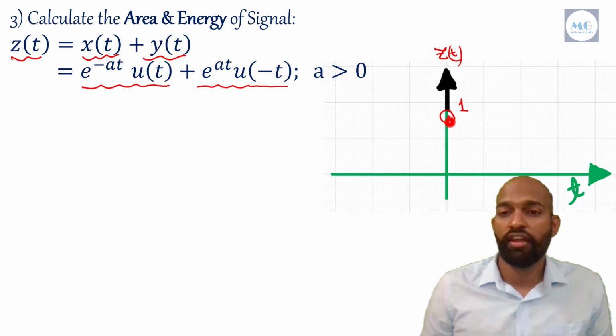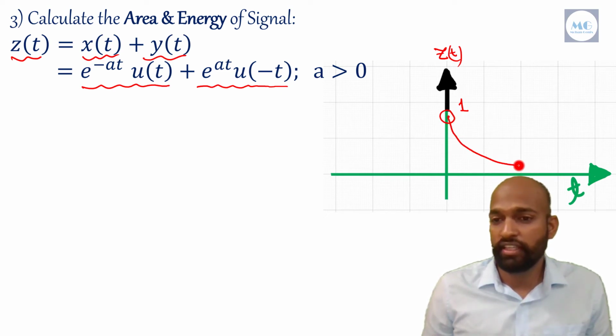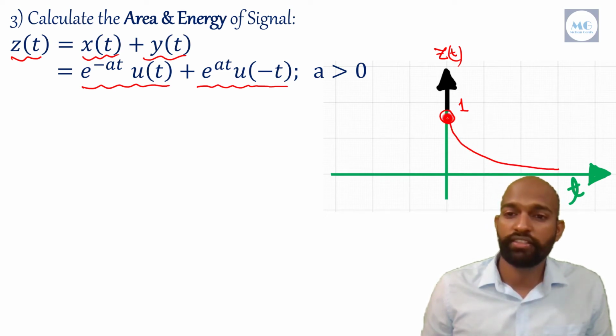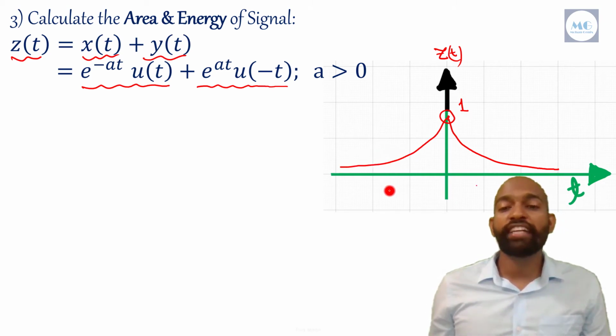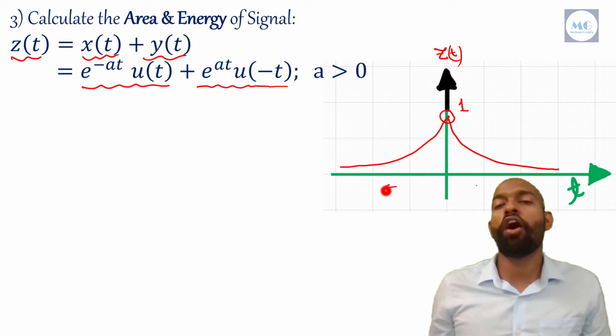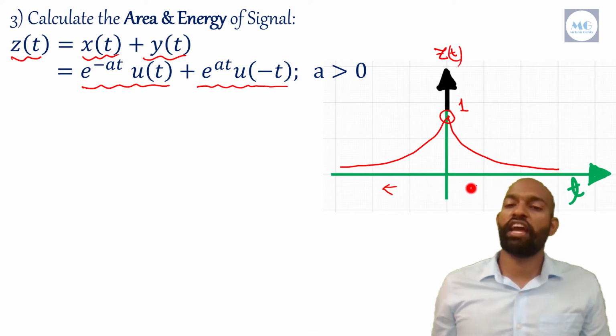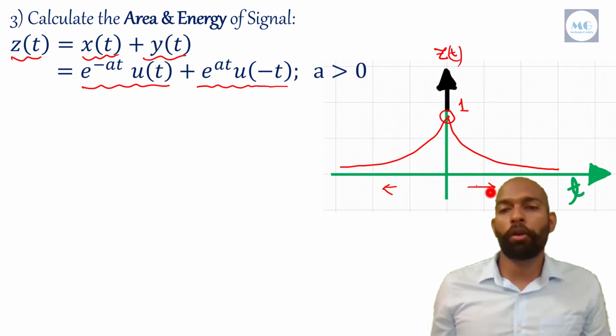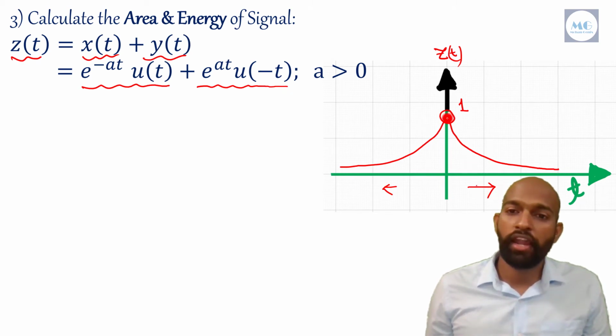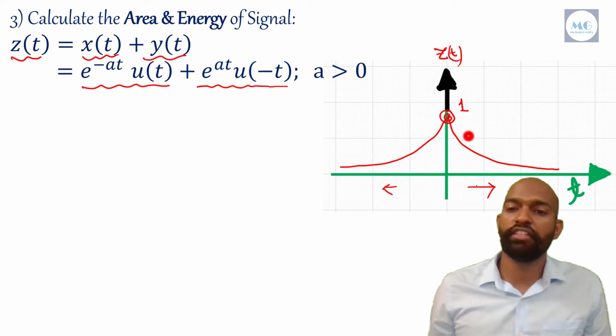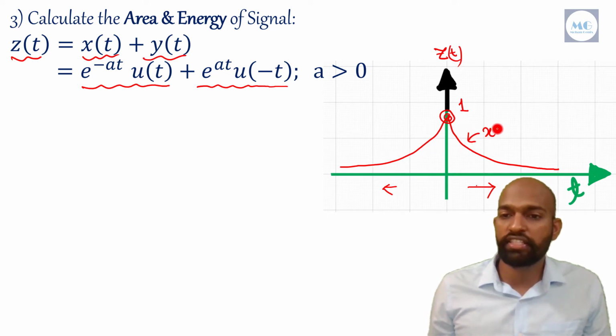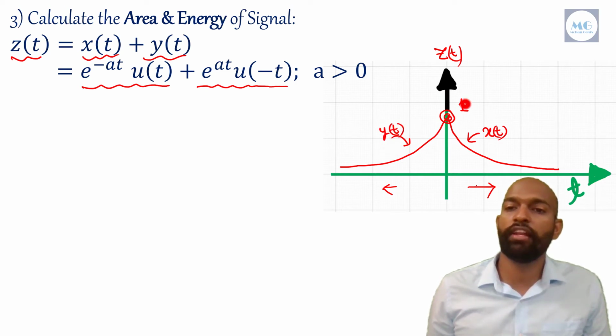This will be 1 and it will be like this and plus this. Both graphs will be added, as x(t) is 0 for the negative t-axis and y(t) is 0 for the positive t-axis, and both are like this, so this will be added. This is effectively x(t) and this is y(t), and z(t) will be x(t) plus y(t).